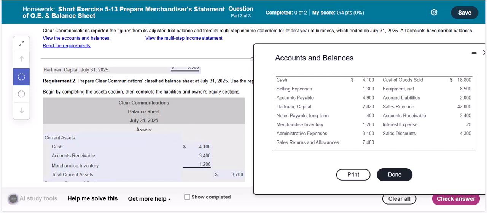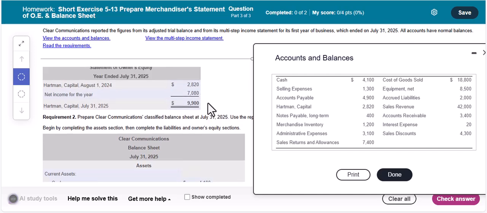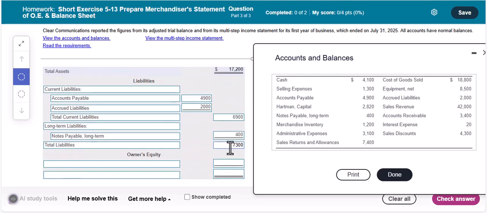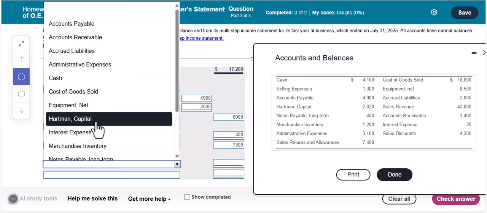So we need our ending capital, and where are we going to get that? From the statement of owner's equity here that we calculated. So that was that 9,900 here in 2025. So that was the ending capital. So we're going to go back down and put Hartman Capital for that 9,900.